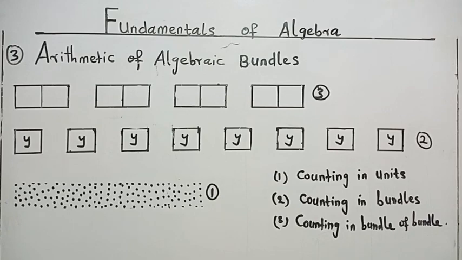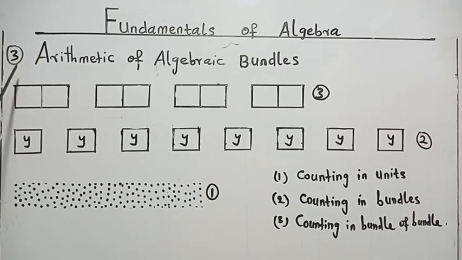Will you still call it Y? No, it is not going to be Y because it is 2 Y's that make up this one. Therefore, this carton is Y into 2, that is Y plus Y, and that will give us 2Y.